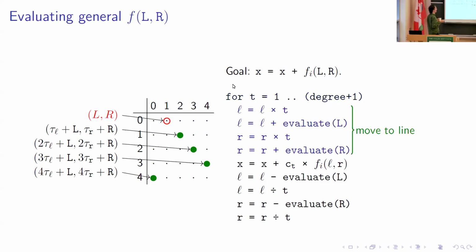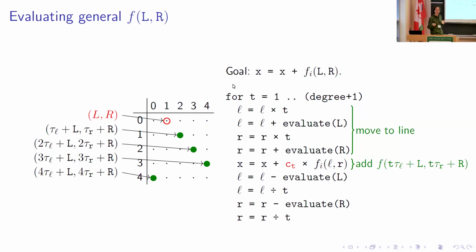Okay, so in each iteration of the loop, the first thing we're going to do is move to one of these green points. So we're going to multiply our registers by t, and then add left and right to them. Then we're going to do one step of polynomial interpolation. So we'll evaluate our polynomial at whichever green point we ended up at, and multiply by some coefficient c_t.